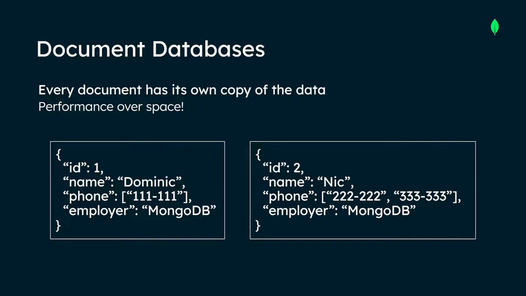If you think a decade or two back, storage was a lot harder to get your hands on and a lot more expensive. What happens now if you access one of those documents? You don't have to join, check for relationships, traverse the data or anything. It all just exists in one location, and this makes reading the data very, very fast.